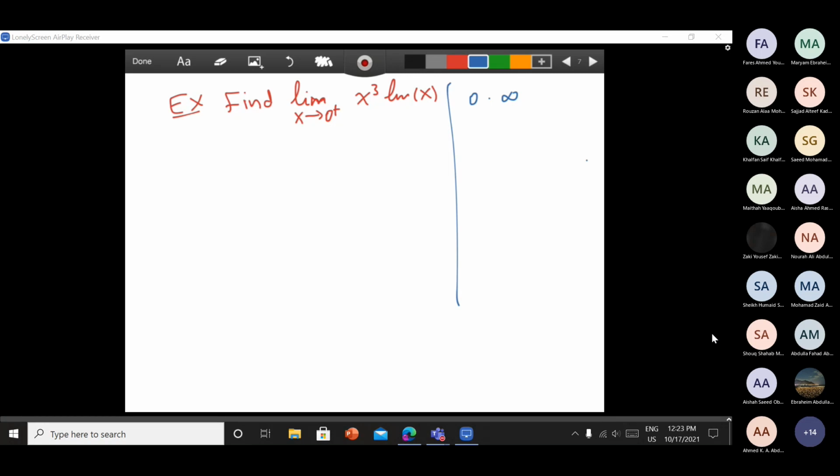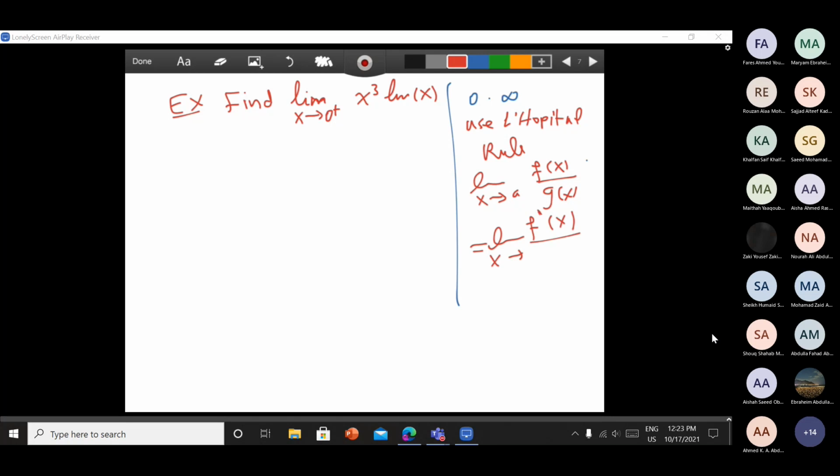So I can use L'Hopital, but I have to make this a rational function first. L'Hopital's rule is applied for rational functions, and if I have 0 over 0, I can take the limit of the derivative of the numerator over the derivative of the denominator. How can I make this rational?